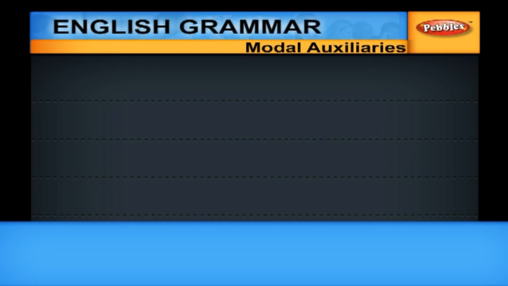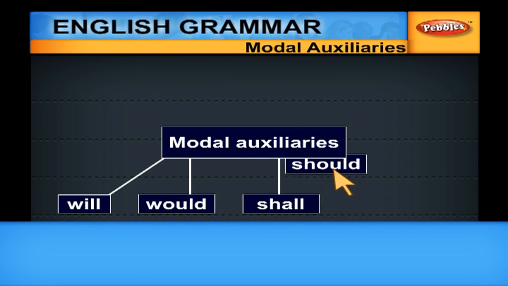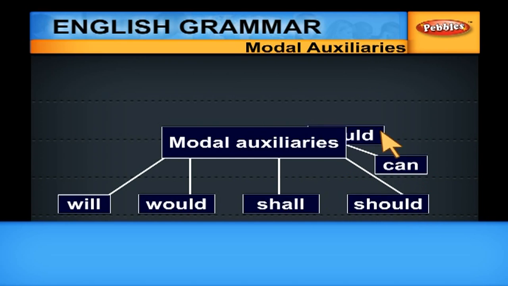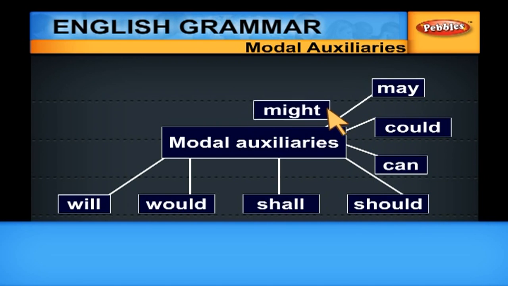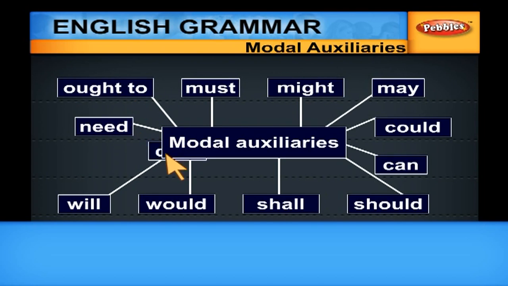Secondary auxiliaries are also known as modal auxiliaries: will, would, shall, should, can, could, may, might, must, ought to, need, dare. These are considered modal auxiliaries. When you use modal auxiliaries, you have to follow them with the bare infinitive or the base form of the verb.